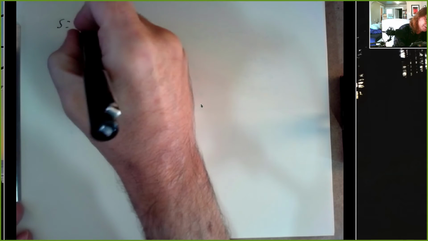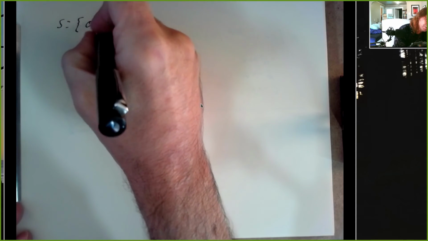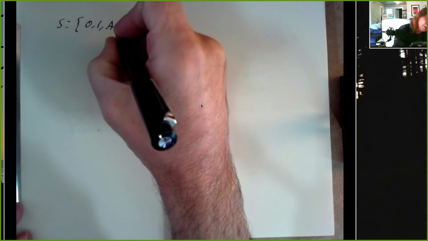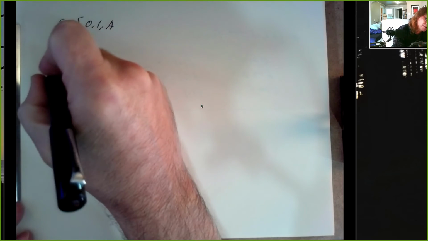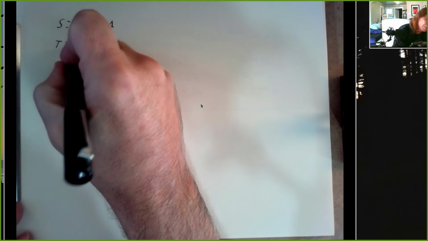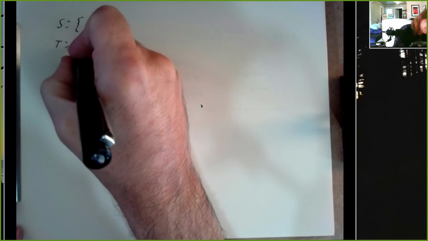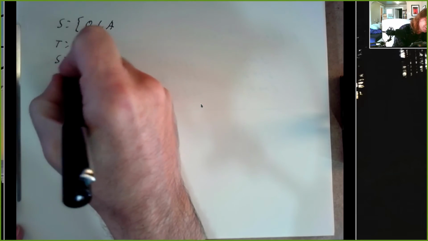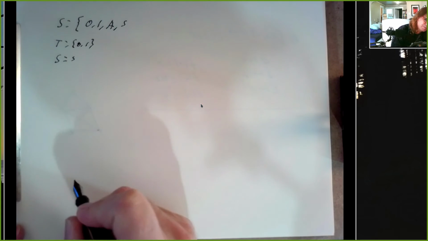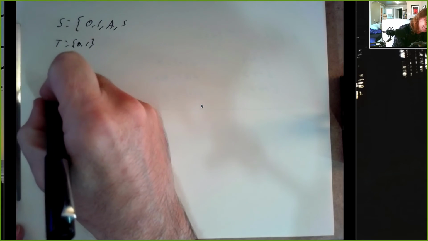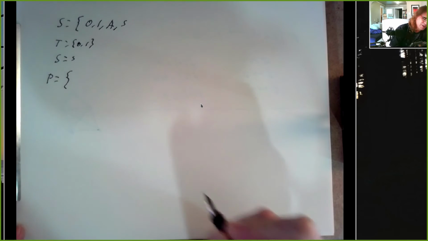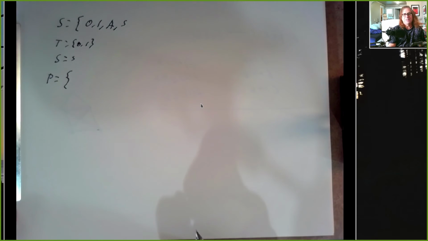So let's suppose our set of symbols is 0, 1, and an A. Our terminal symbols are 0, 1, and I'll probably stick with these for all of these examples for the next few minutes. Our start symbol is going to be S, so that'll be a symbol also. And I want to look at the production rules. So our production rules are the following.